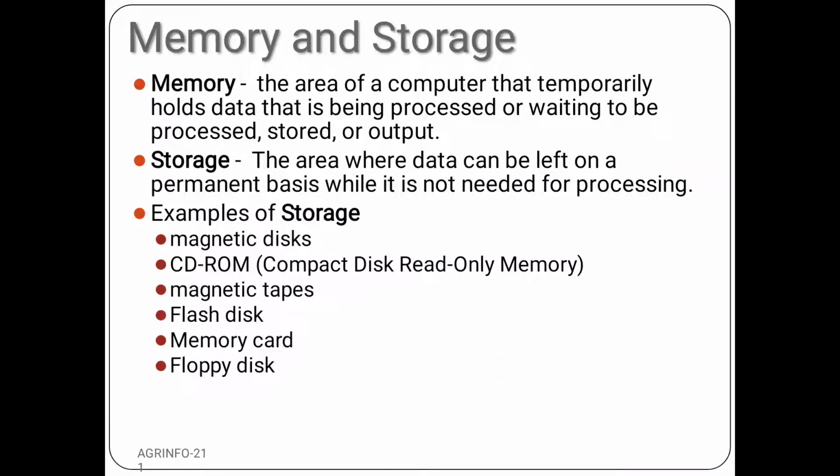Storage is the area where data can be left on a permanent basis while it is not needed for processing. Examples of storage: magnetic disk, CD-ROM, magnetic tapes, flash disk, memory card, floppy disk.